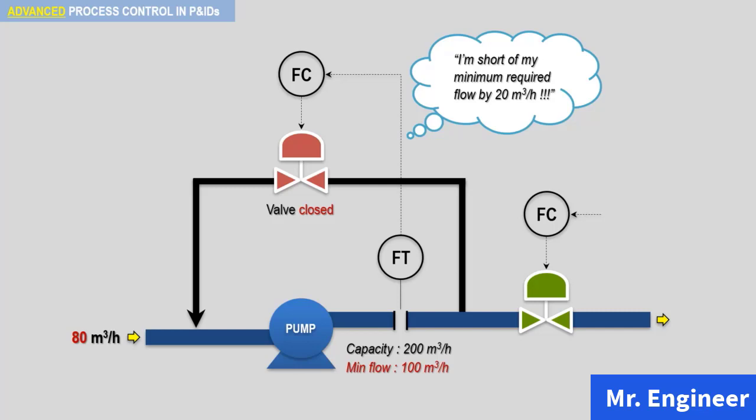Please open the valve enough to recirculate 20 cubic meter per hour, so we can fool the pump into thinking that the flow is 100 cubic meter per hour and make it happy."